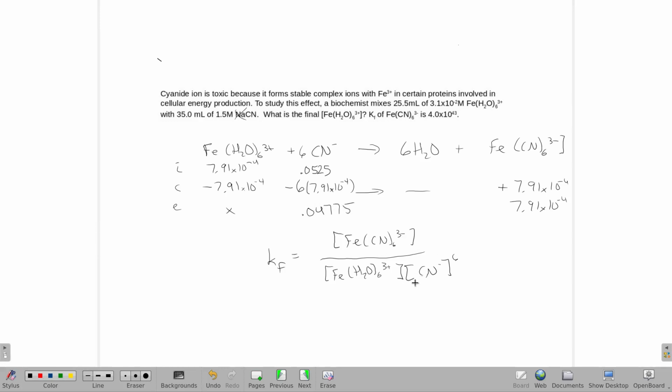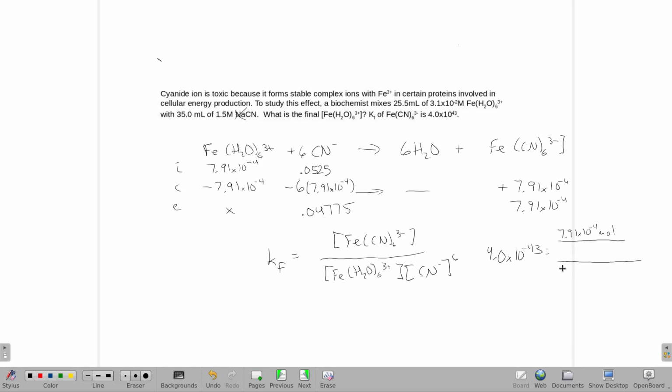And we're going to plug these numbers into our equation. So our Kf is that 4 times 10 to the 43rd, and our Fe is this 7.91 times 10 to the negative fourth. But I can't leave it like this because this is just moles. I need a concentration.